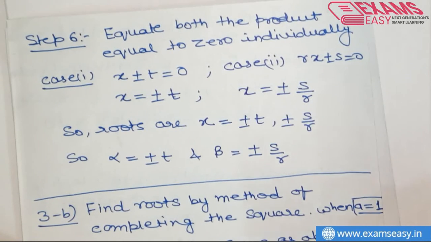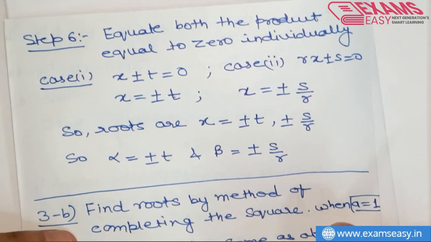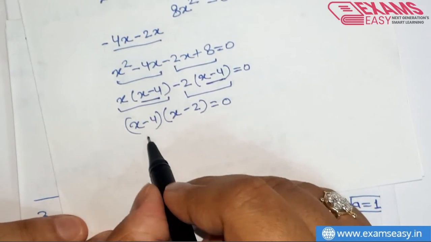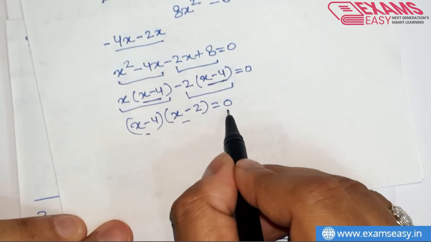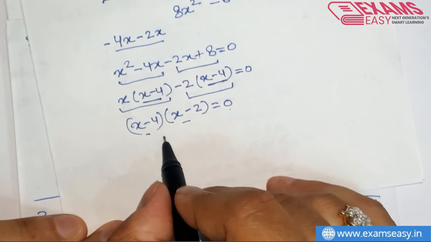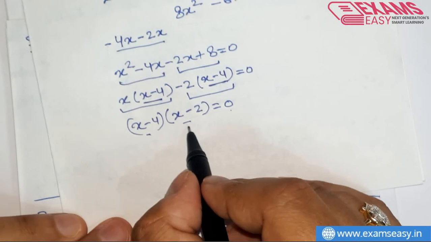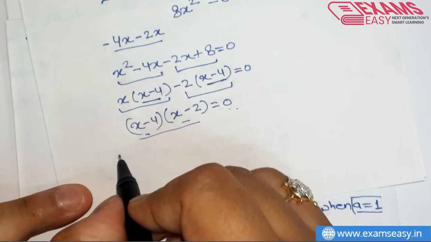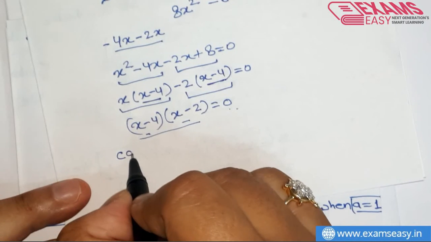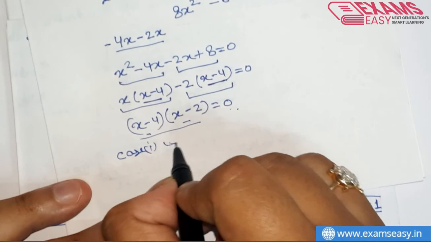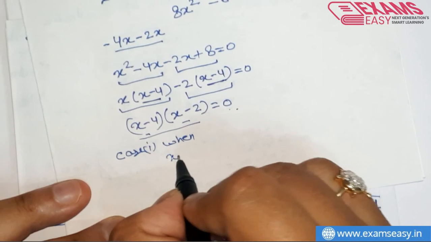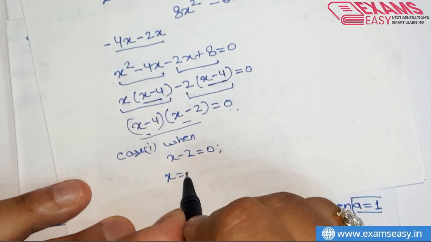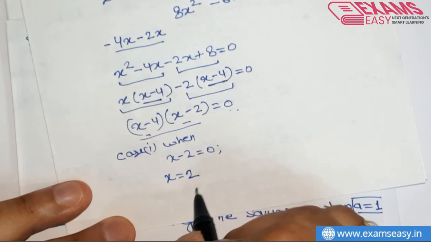Now we have arrived at the last step, that is step 6. Friends, we can see here that this product will become 0 only when either of these is equated to 0. So case 1 is when x minus 2 is assumed to be 0, then x will become equal to 2.